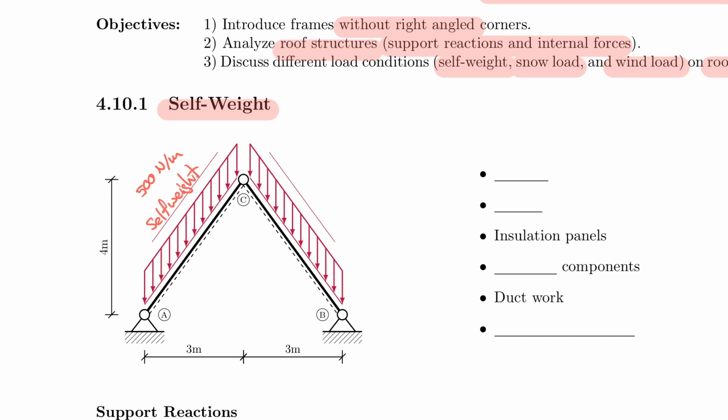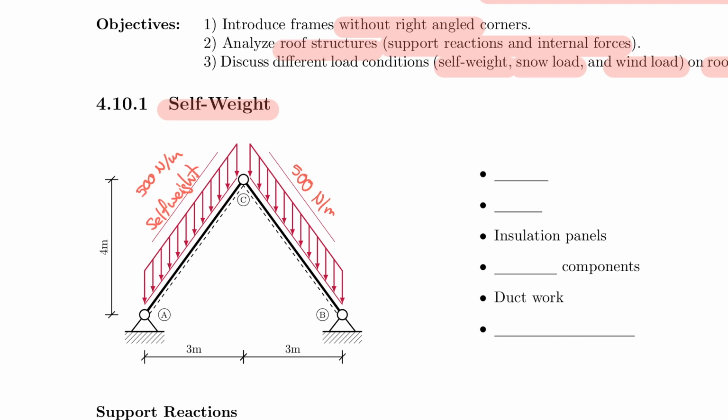To make our life easy, we have the symmetry, 500 Newton per meter also on the other side. So when do we have these cases? Again, 500 Newton per meter is probably not a very realistic value, but it gets the educational point across.